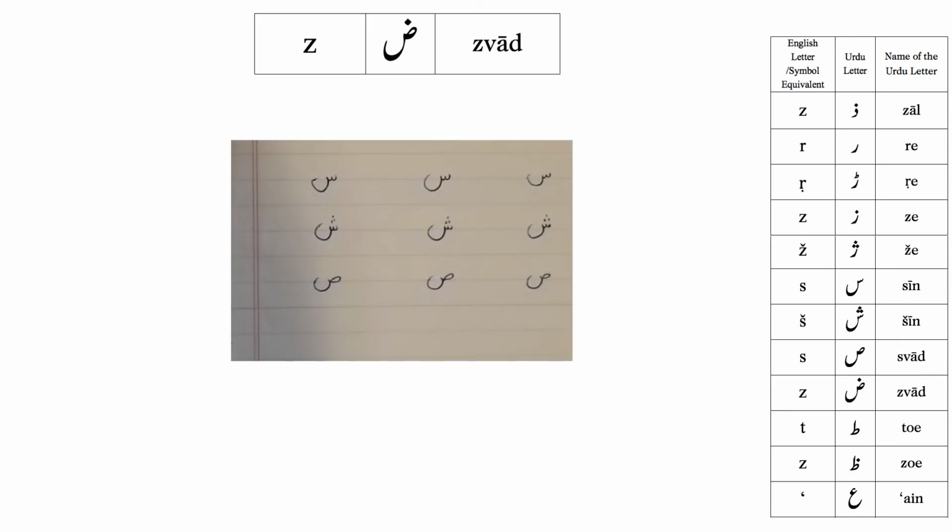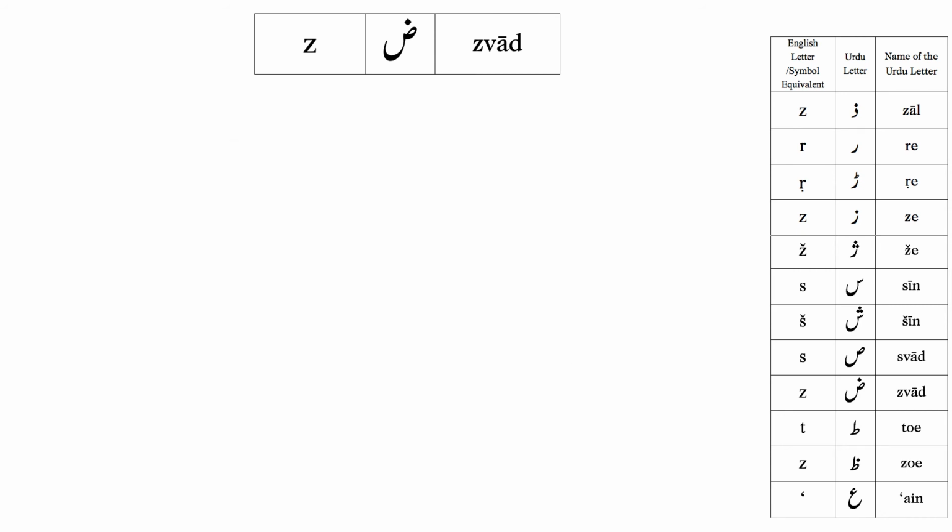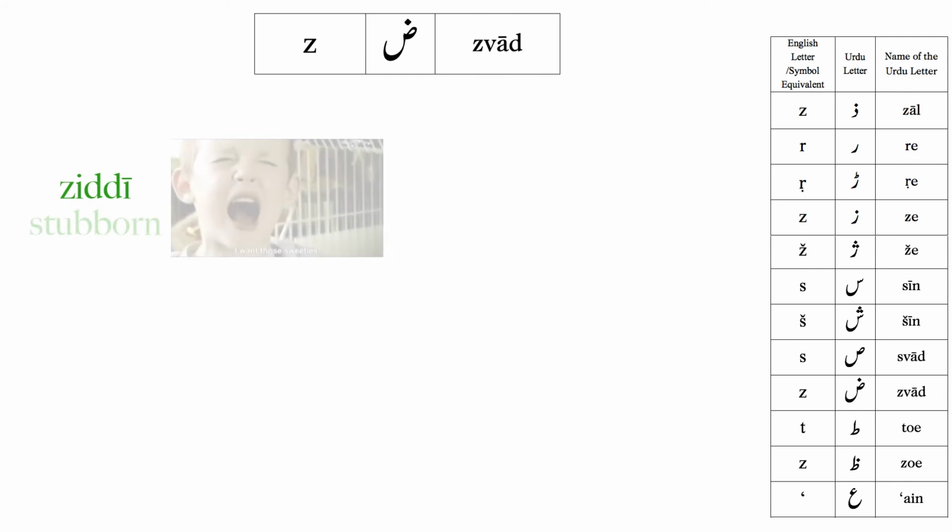Zuad. Like swad, zuad also is used to begin words that have the Arabic origin. So that goes to show you that it won't be used as often. Our first word, beginning with zuad, is ziddi. Ziddi means stubborn.